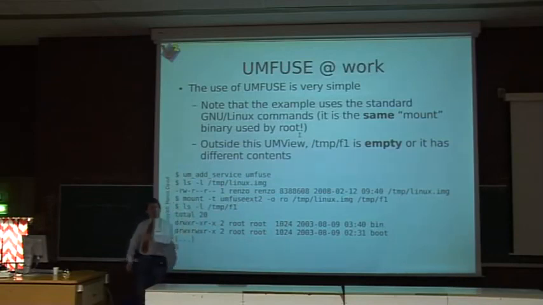If you go to another shell and type ls on the mount point, it is empty, or it doesn't even exist, because it's virtual. It's like you have two layers of kernel, so the system calls coming from the processes, if they are referring to something virtual, are managed by the second layer of kernel. Otherwise, they are sent to the real kernel.